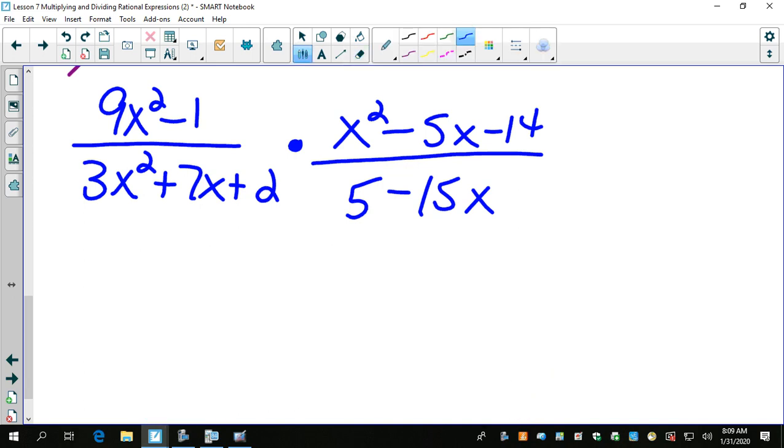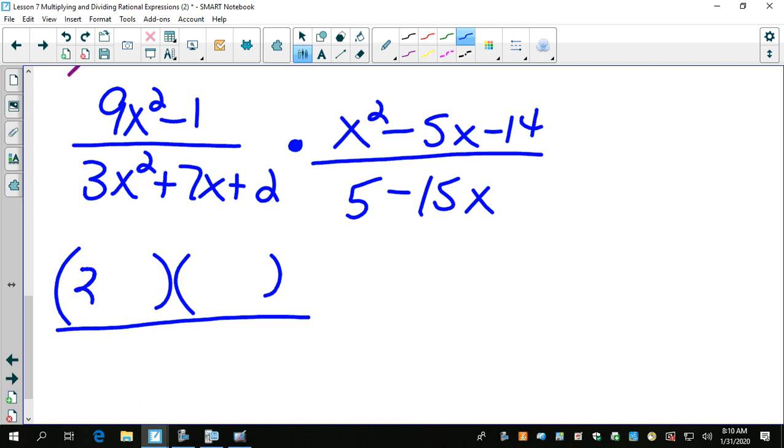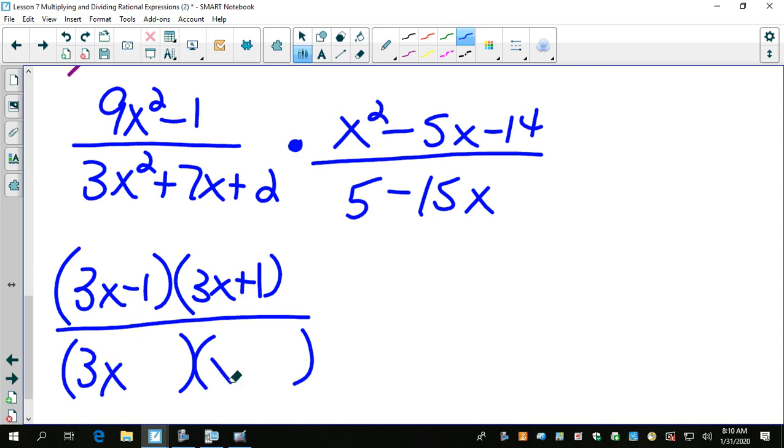One last one here. Numerator? Yep, got a GCF in the numerator. Tricky. 3x and x. Plus 1. Plus 2. Yep, that looks good.